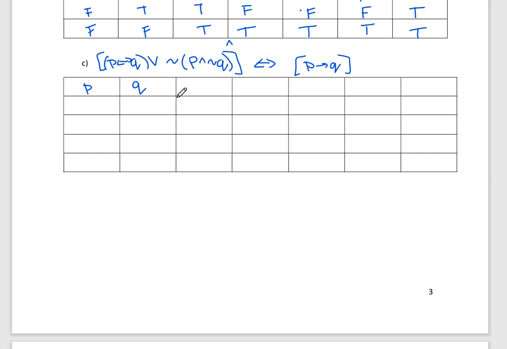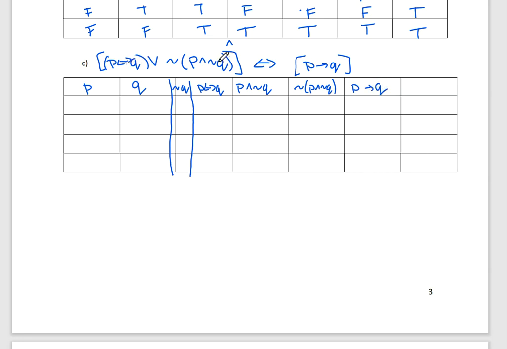I don't think I gave myself enough columns here, so I'm going to add one in, not Q, for that one there. I'm also going to need P biconditional with Q, not, we want our and in there, P and not Q, not P and not Q. P implies Q. I think that covers everything.